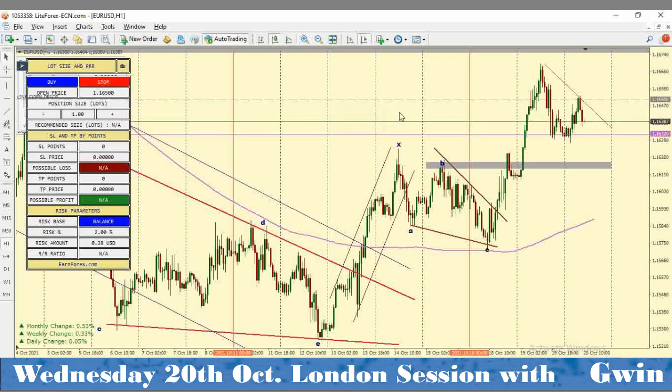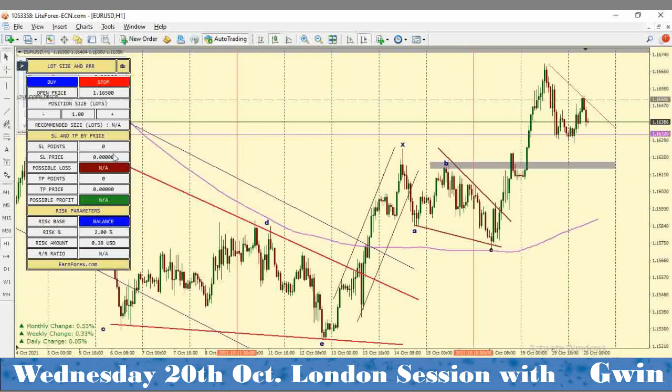That's our line, and we're going to go ahead and put up a stop loss somewhere down there, 1.624. Let's see what happens.